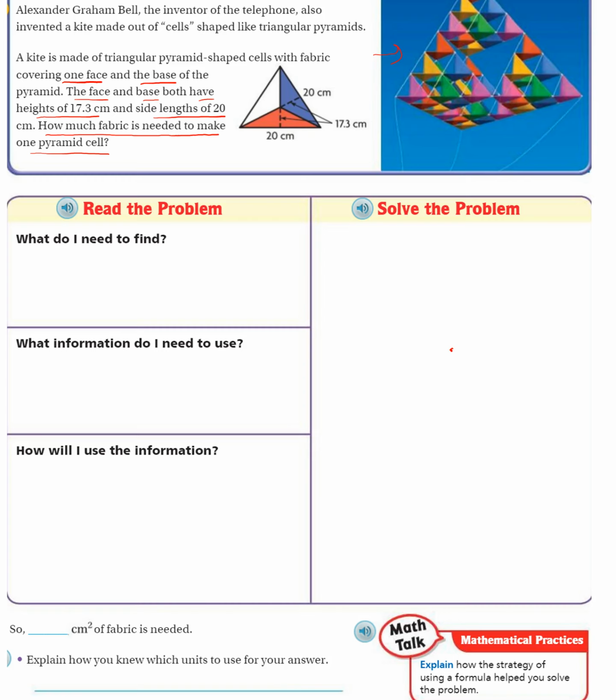Okay, what do I need to find? I need to know which measure to use again, because I'm not going to use all of it, because the fabric only covers part of it. Which measure to use, and the amount of fabric needed.